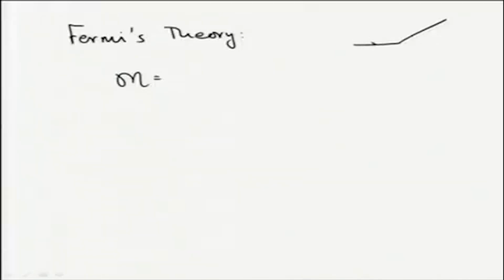So, Fermi thought that it is possible to understand weak interactions also on a similar footing. He said the invariant amplitude can be written in terms of two currents. One is an N P current and the other is basically electron and neutrino.